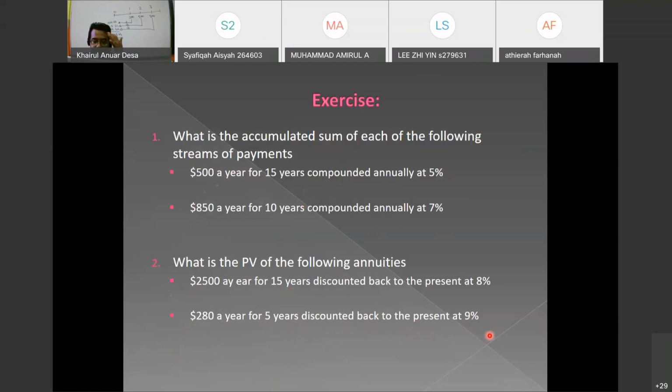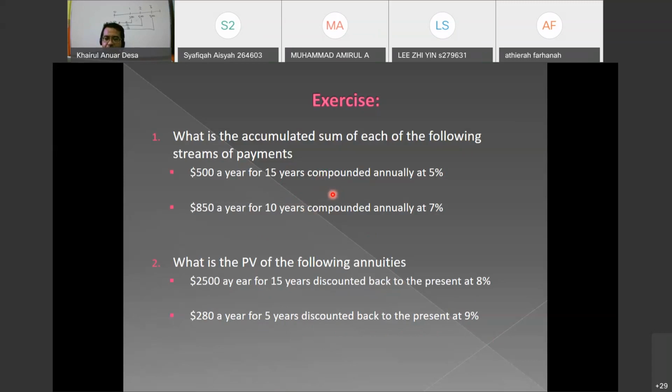Okay, here you can see this question did not clearly mention when the payment occurs, either at the beginning or at the end of the year. If the question did not state clearly when the payment happened, we have to assume that the payment happened at the end of the period.